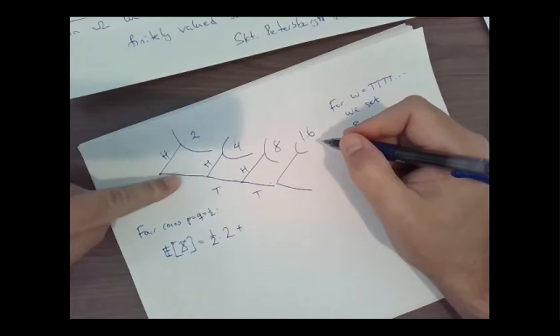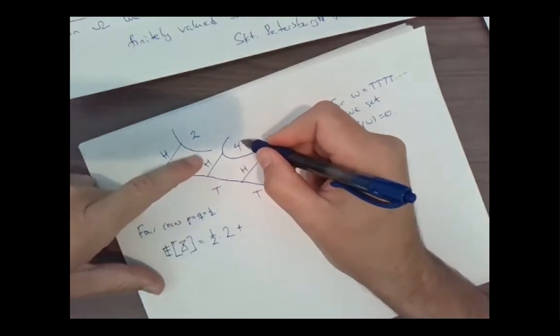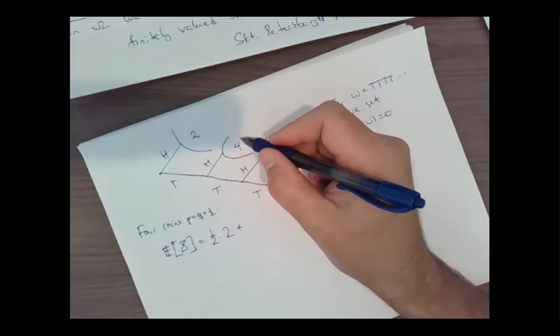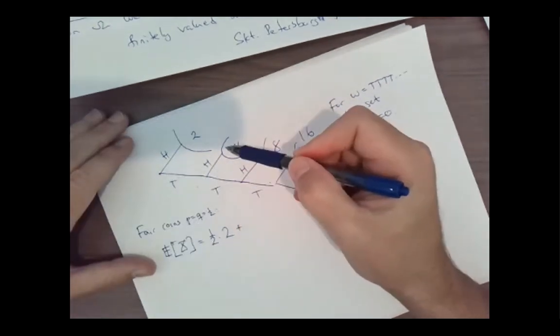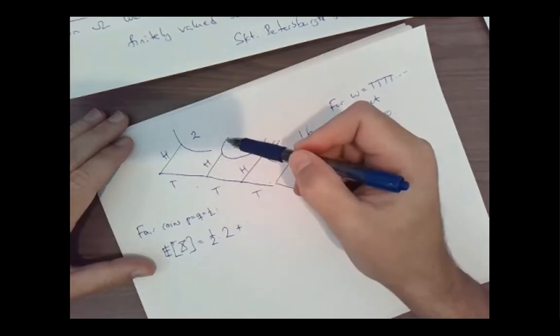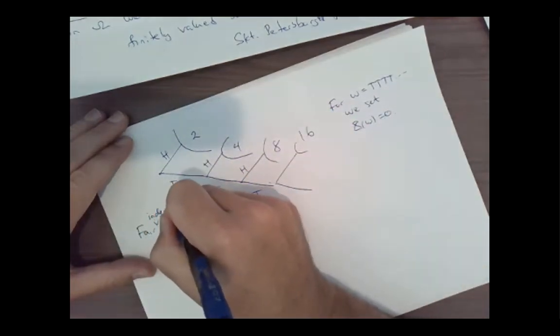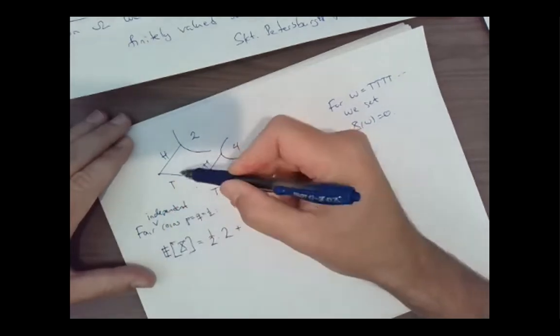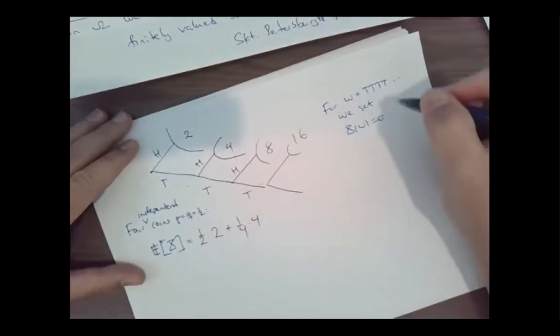I go down one. When is x equal to 4? Well, x is equal to 4 if the first one is tails and then the second one is heads. Fair and independent, so that's half times half, which is a quarter, times the value, which is 4.